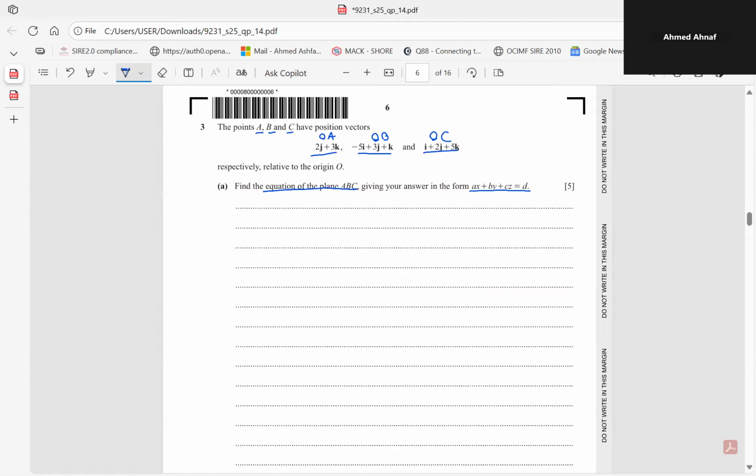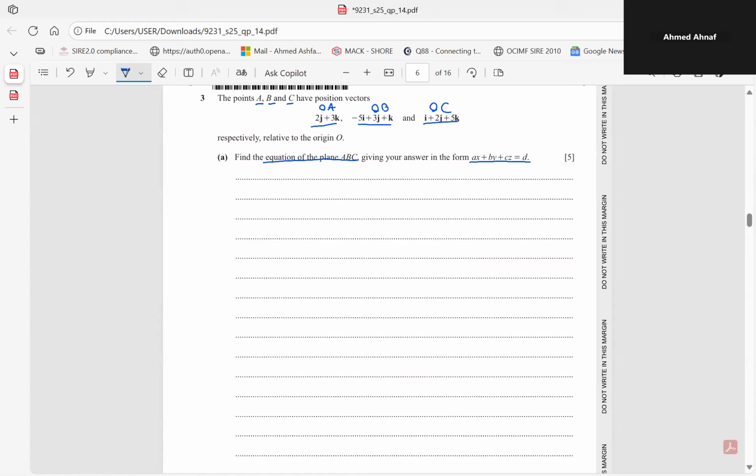Okay, first of all, in order to do this, let's make a sketch of plane ABC. So this is A, B, C, and this is like a sketch of the plane. And now let's spot two direction vectors.